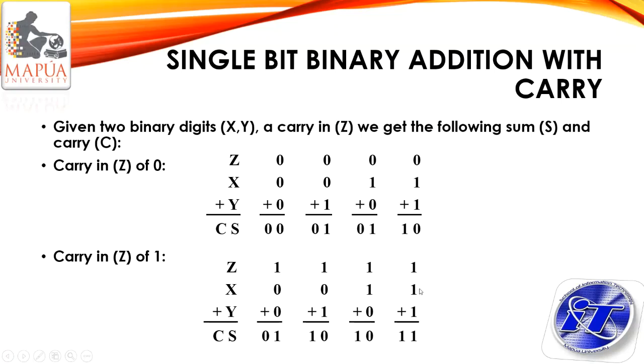While 1 plus 1 plus 1 is 1 carry 1. Okay, so if we're going to add it by pairs, 1 plus 1 is 0 carry 1, plus 1, 1 carry 1.